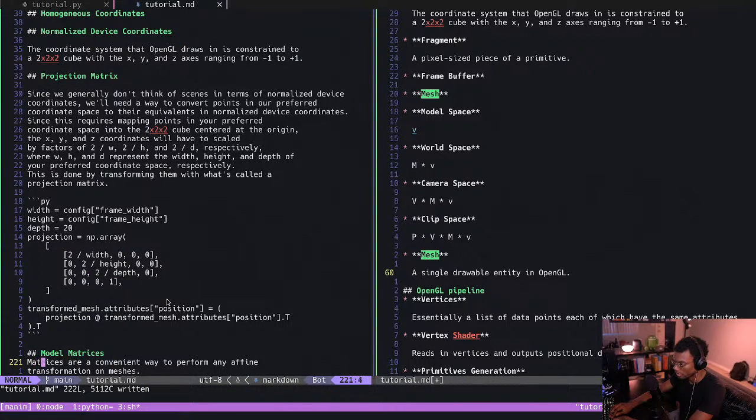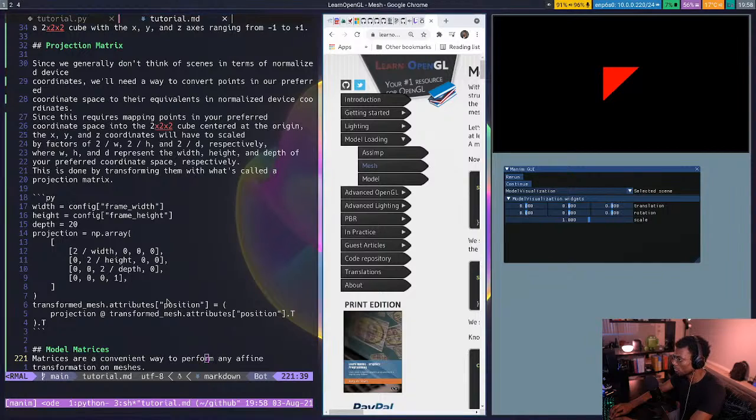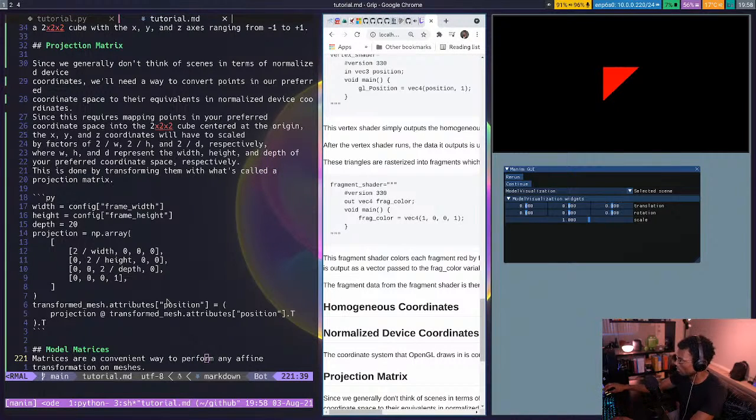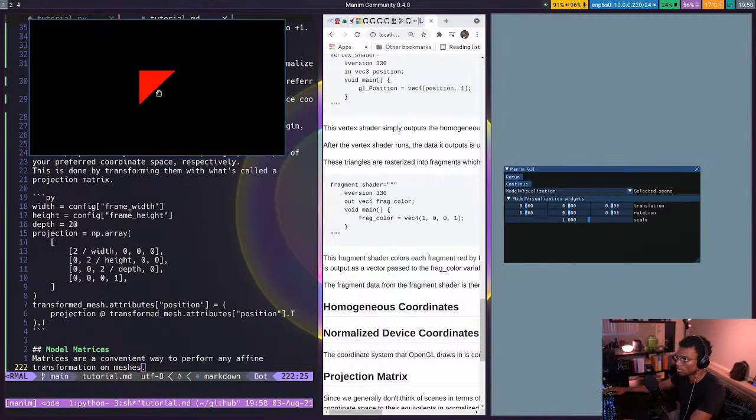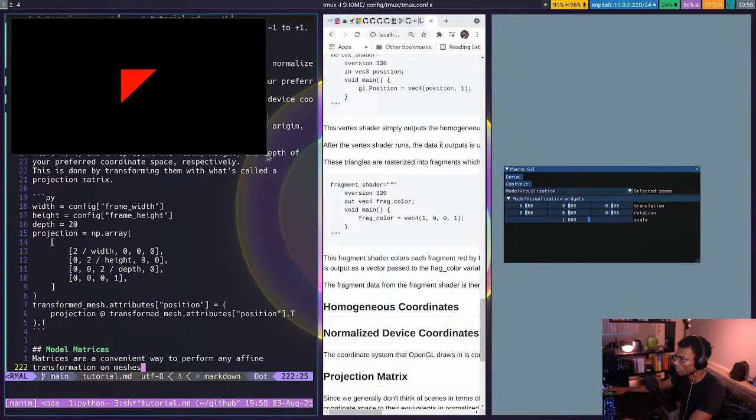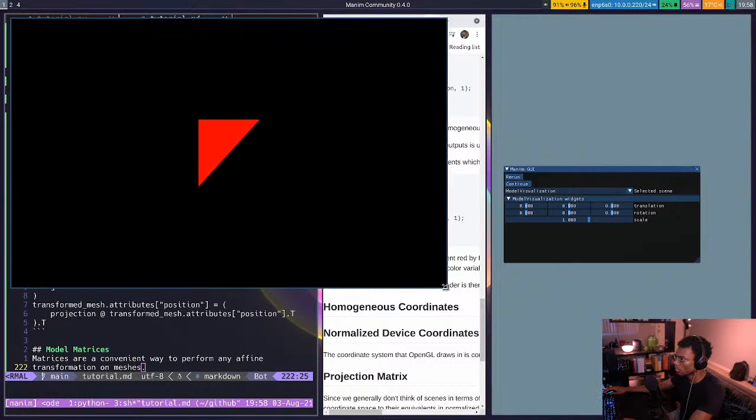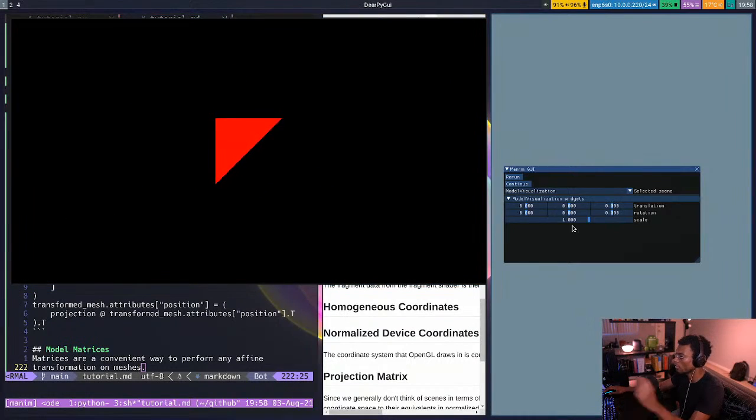Great, now I can come down here. Or any affine transformation on meshes. Perfect. So then you can use this to see what translating does.